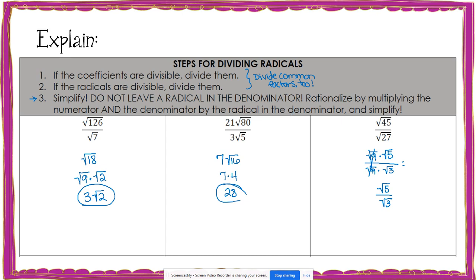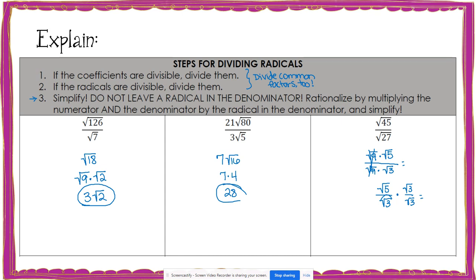And that number is whatever we have in our radical in our denominator. So in this case, since we have the square root of 3 in our denominator, we're going to multiply by the square root of 3 over the square root of 3. Technically, this is multiplying by 1, so it does not change the value here, but what this will do is eliminate my radical in the denominator.